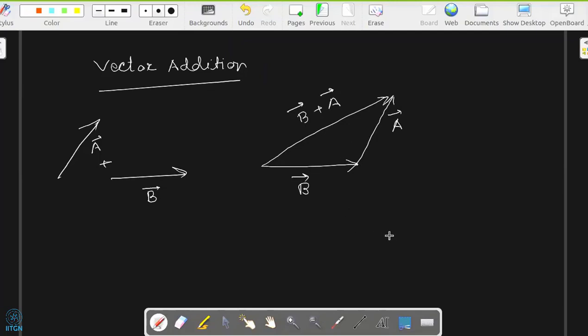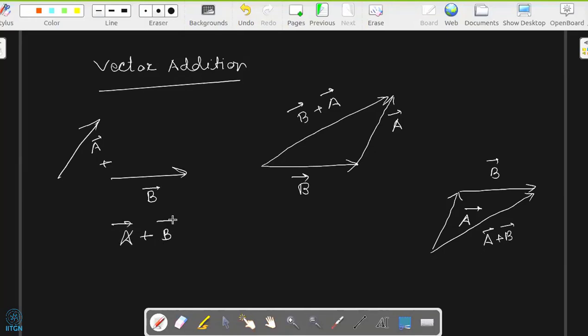This is one way to do B plus A or A plus B. Now another way: we have vector A and we put vector B here, and again you will get A plus B. So here you can see that vector A plus vector B is equal to vector B plus vector A. This property is known as the commutative property.